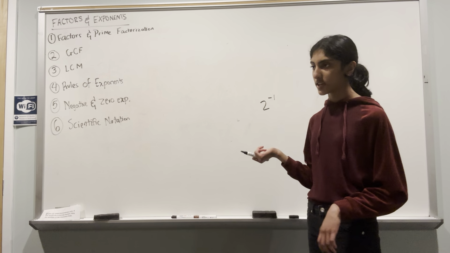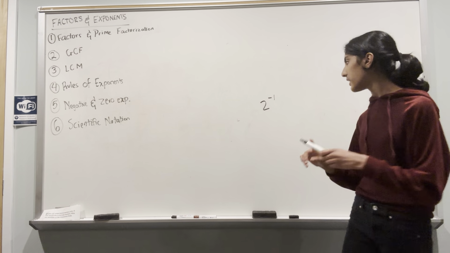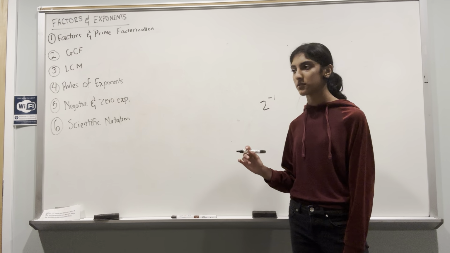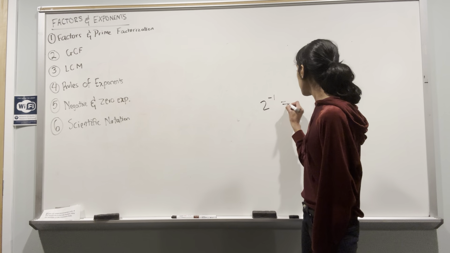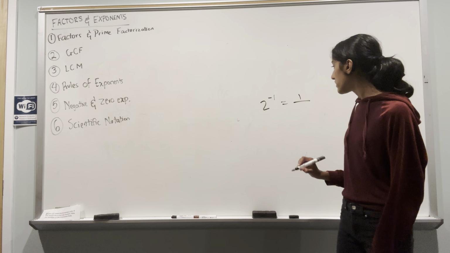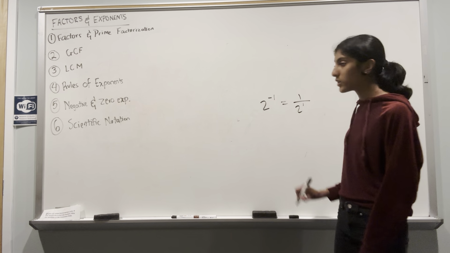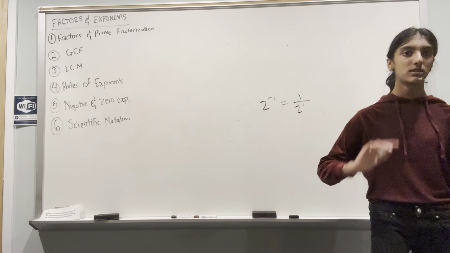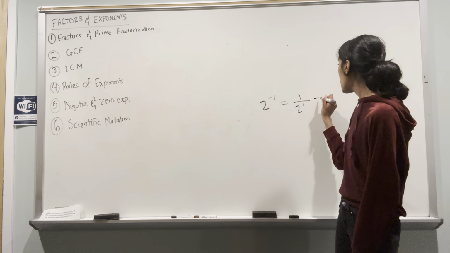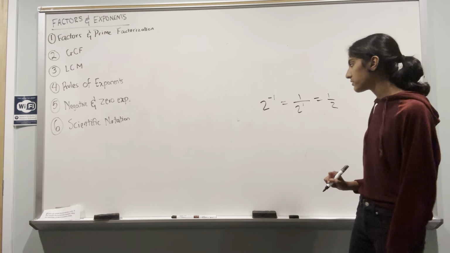But now there's a negative. So what do I do with that? Well, to make it positive, you can always move the base into the denominator. So this would be equal to 1 over 2 to the power 1. And that would make my exponent positive if I move it down into the denominator. And this is equal to a half.